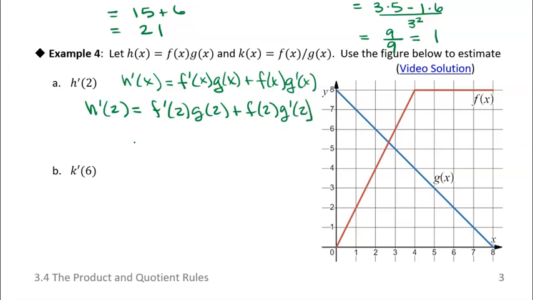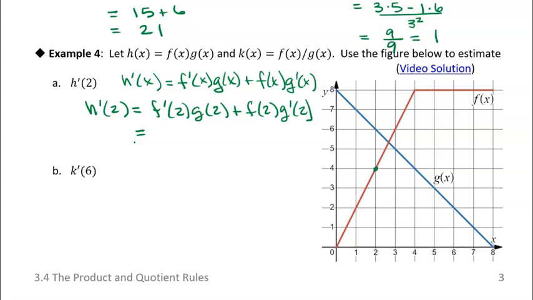All right. Now we have to use the graph to find these values. Just remember that the derivative is the slope, and when you have a straight line, that's easy enough. So let's first of all find f prime of 2. F is this red function, and at 2 we're right here, right? But I need the slope.